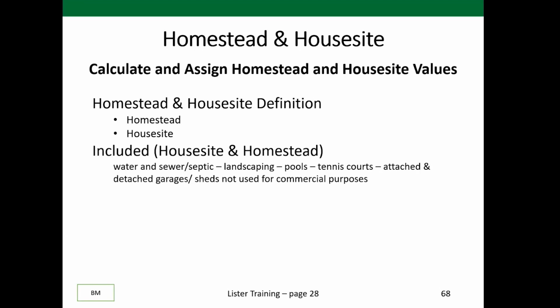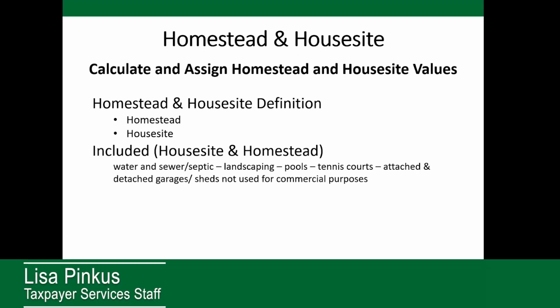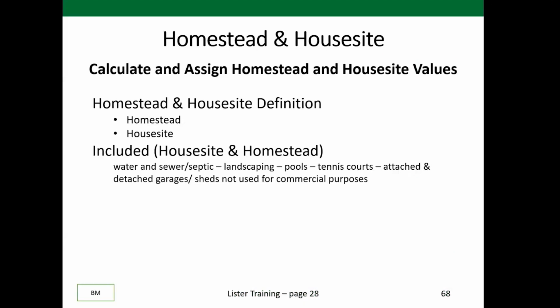I try to look at those situations where there's separate dwellings, say 10 acres of land and two structures, two owners, each owner lives in their own structure. I try to look at it as though it were a duplex or a triplex. Even though they're not connected, that's how I look at it.